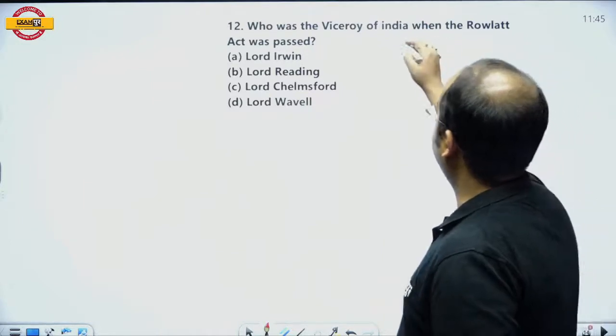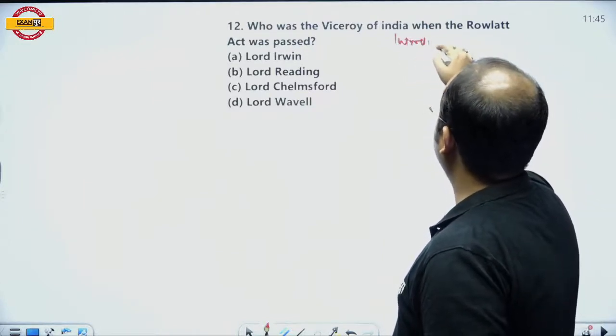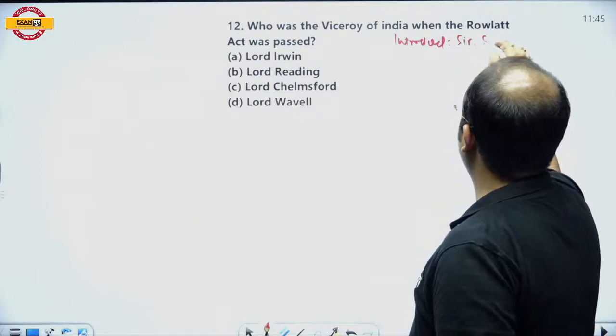Guys, the Rowlatt Act was introduced by Sir Sidney Rowlatt.